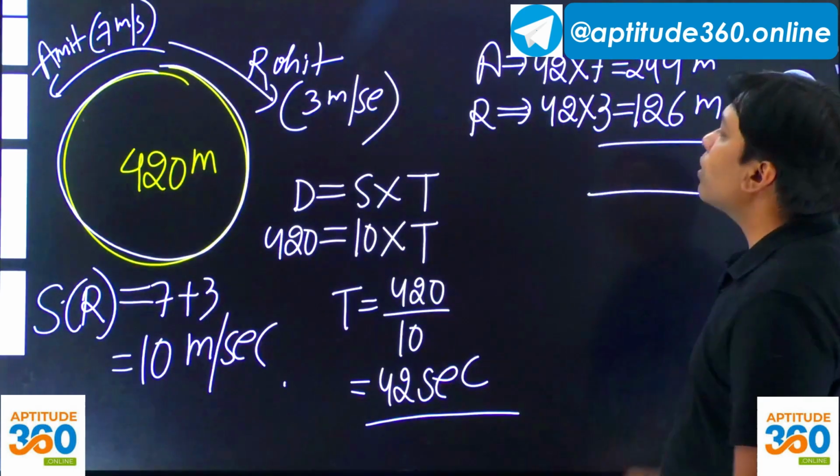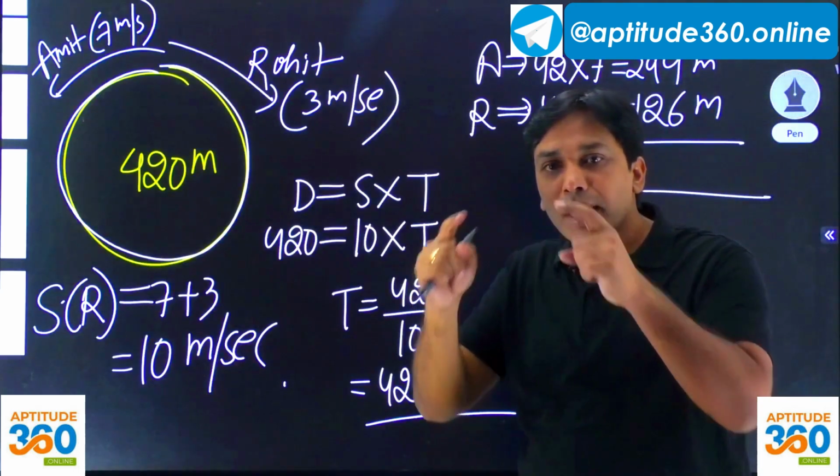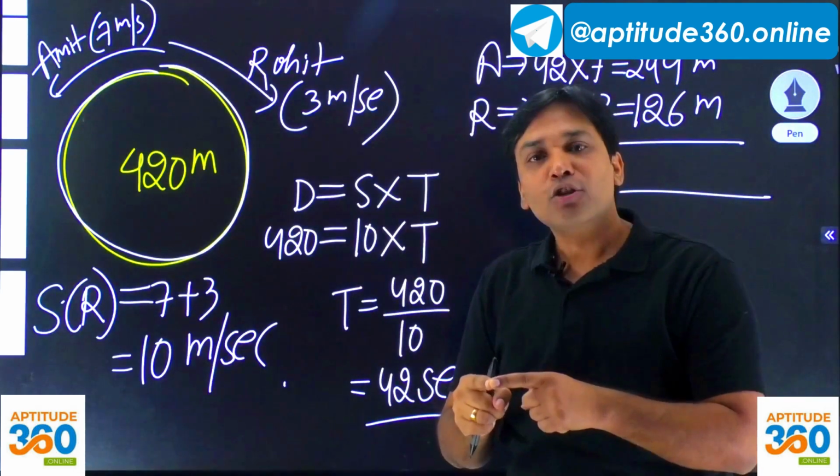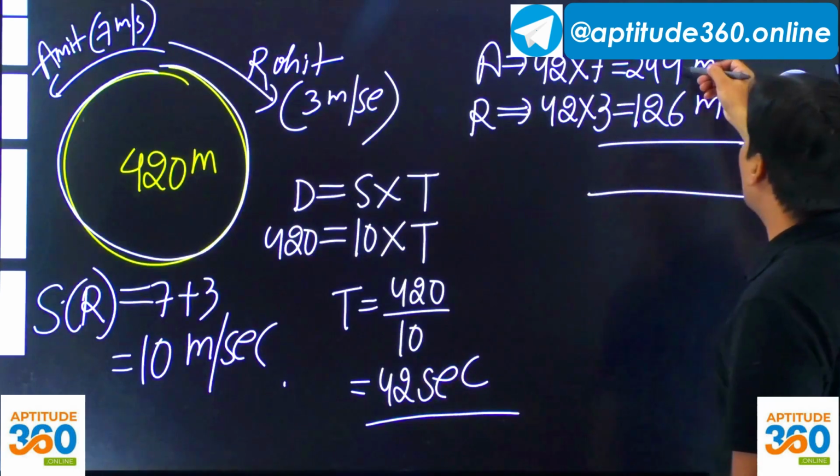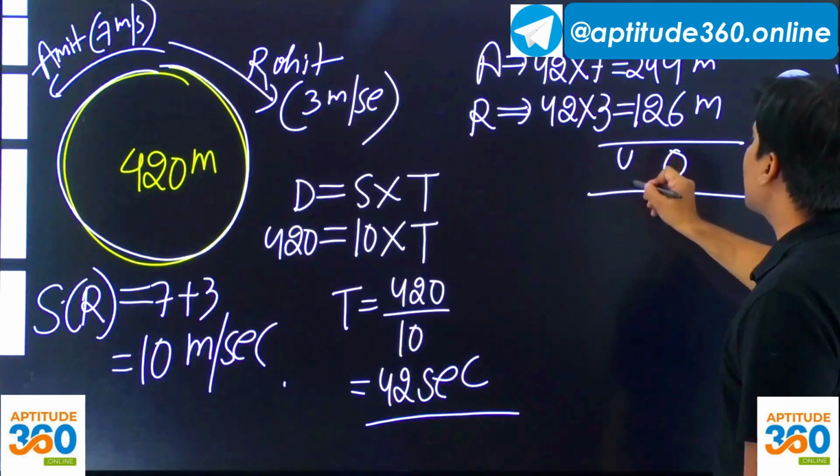If the addition of these two comes out as 420, then the work is done. And if you see, that is coming out as 420 meters.